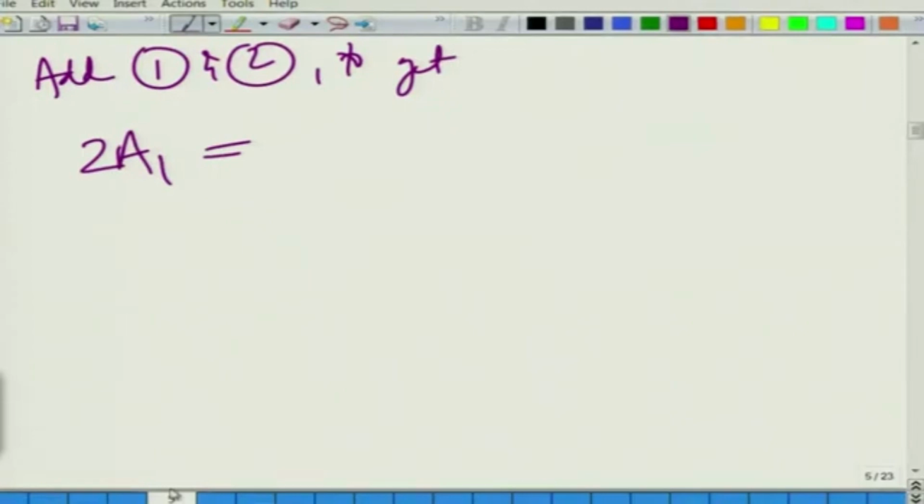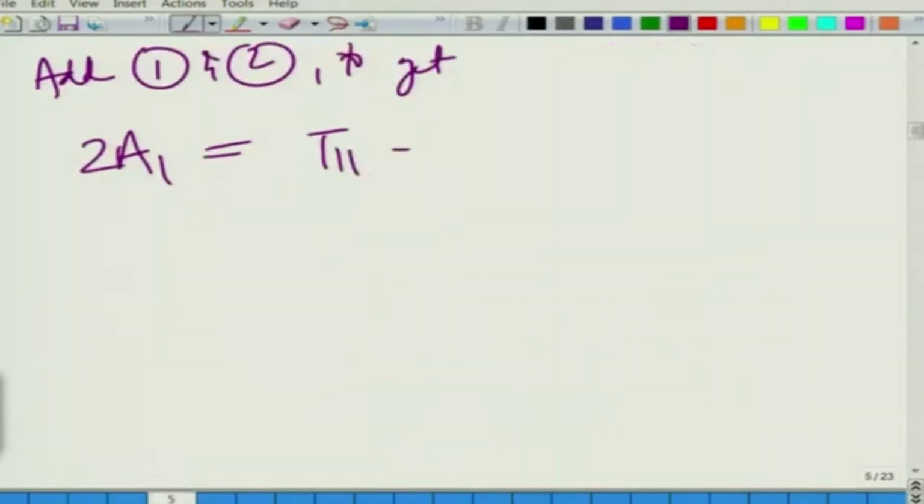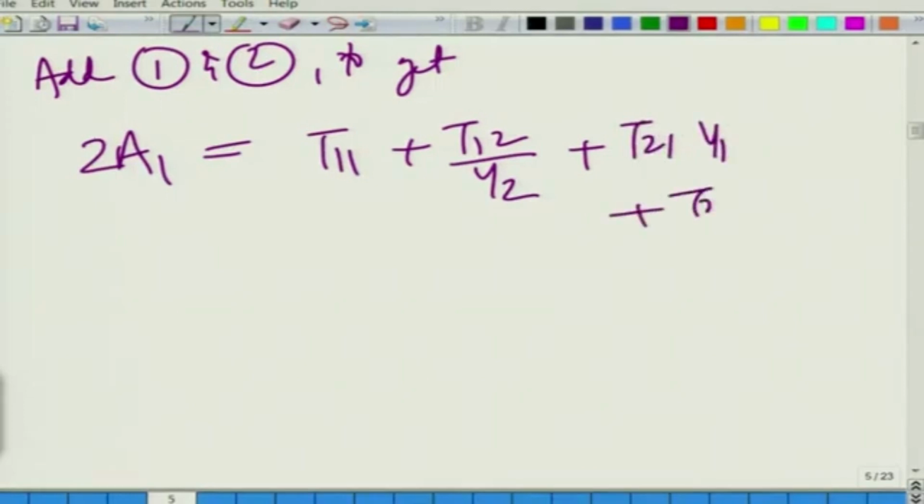What we get is a nice clean expression: T11, and the contribution from this side is T12 divided by Y2 plus T21 into Y1 plus Y1 by Y2 into T22, multiplying A2.